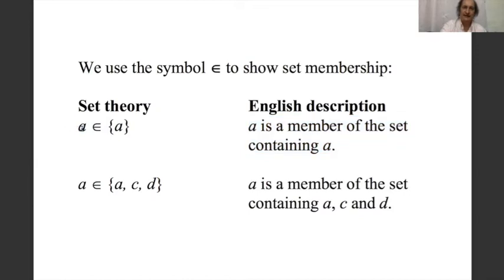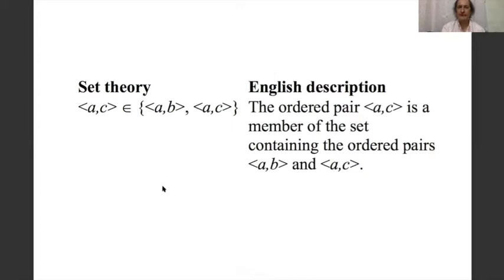Here it says A, individual A, is a member of the set containing A. Or here, the individual A is a member of the set containing the individuals A, C, and D. Same thing applies to ordered pairs.